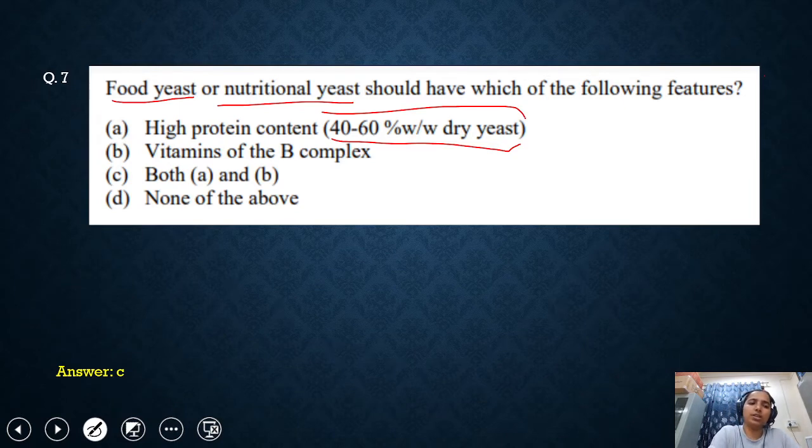So for this question the answer is C. But what does this mean, 40 to 60% weight by weight dry yeast? Does anyone want to answer this?